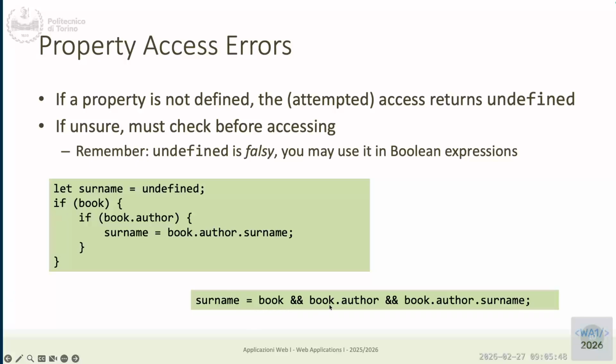Otherwise, if the book is defined, just check if book.author is undefined. If it's undefined, then return undefined. Otherwise, return what we have on the right, and so on. So we go forward only if we find values that are all not falsy. Again, here we have the issue of the empty strings or the zeros that can be confused with the undefined.